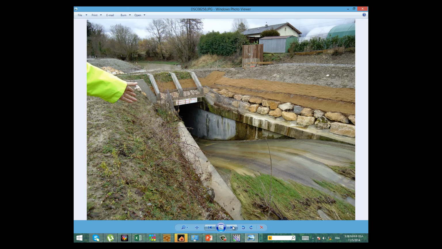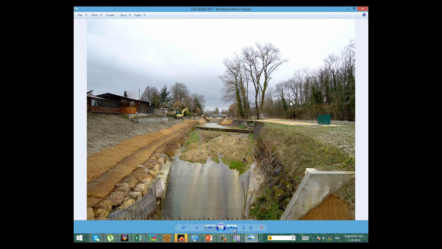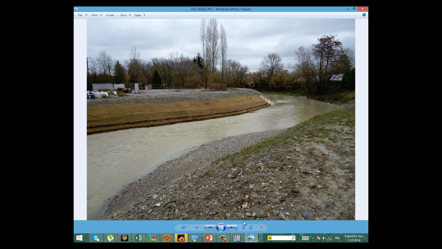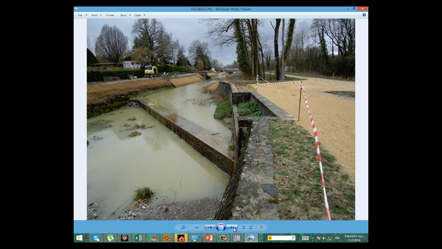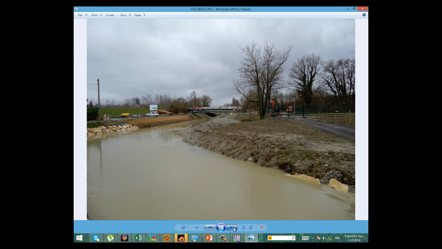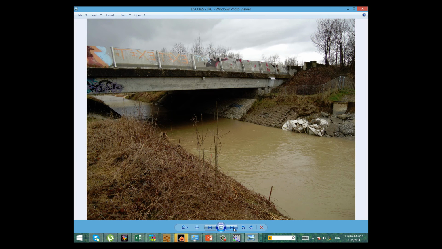You see, this is the tunnel structure. Yeah, this is the natural river itself. It comes like this and it goes like this. Yeah, so we are considering below this place. Okay, that's all.